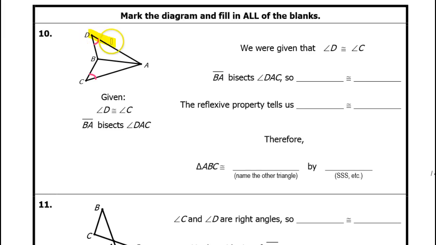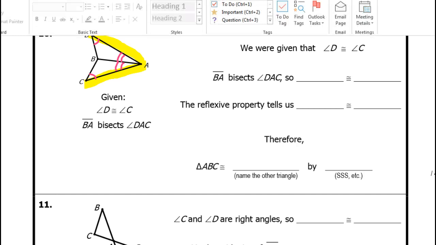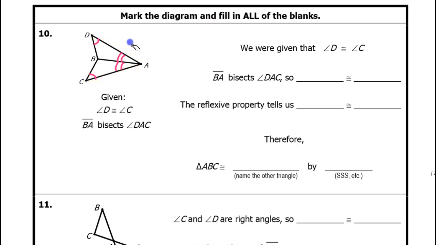So DAC is this angle out here. So if we're bisecting this yellow angle, that means we're splitting it in half. So that means these two smaller angles will be congruent. All right, so that's it for the given.